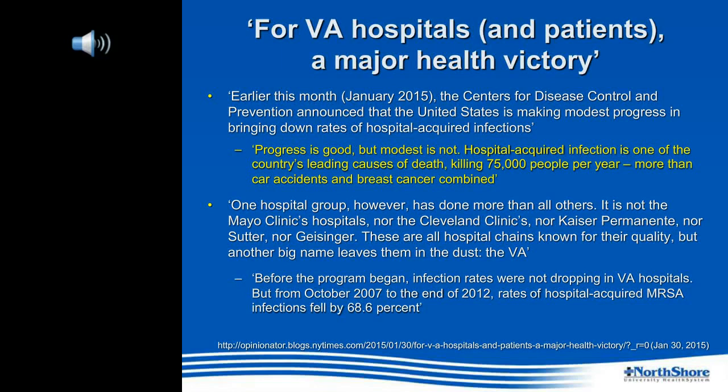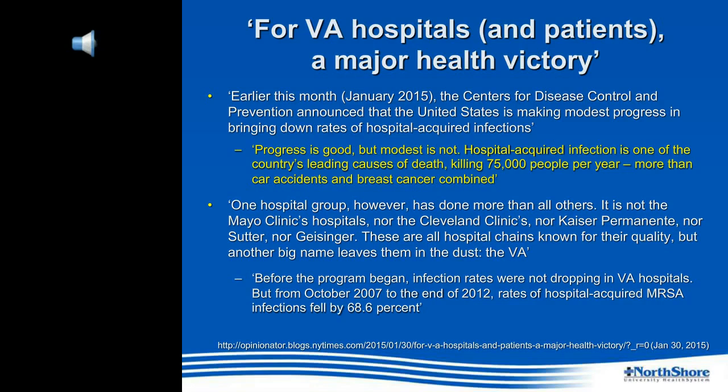And this is from a blog that was taken from the New York Times in January of this year. Some very interesting comments. The writer was saying that the Centers for Disease Control had announced the United States was making modest progress, but the writer said progress is good, modest is not, and they go on to highlight that hospital-acquired infections are killing more people per year than car accidents and breast cancer combined, and go on to highlight the good job the VA has done.